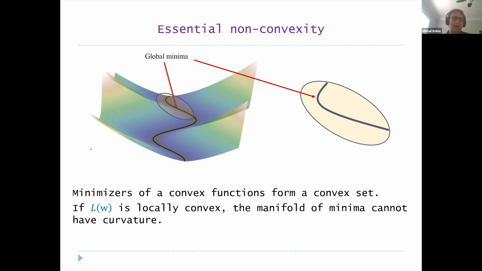And of course, if you have arbitrary networks, why should you have convexity ever? Because it's always going to be curved. So essentially, this shows that in the over-parameterized world, we never get convexity at all, even locally. Of course, this is a generic statement. You can set up something very special, and you can.